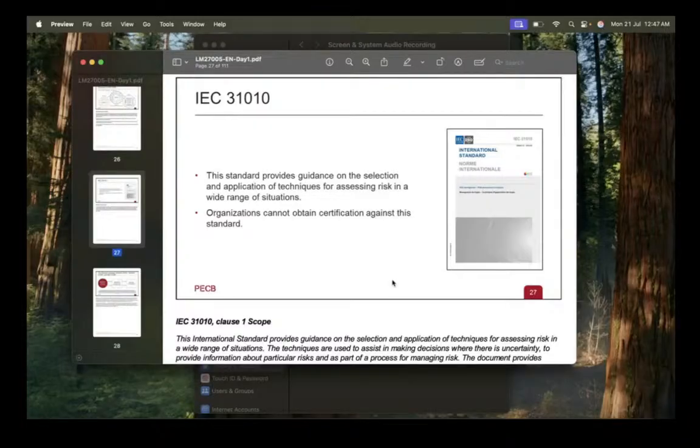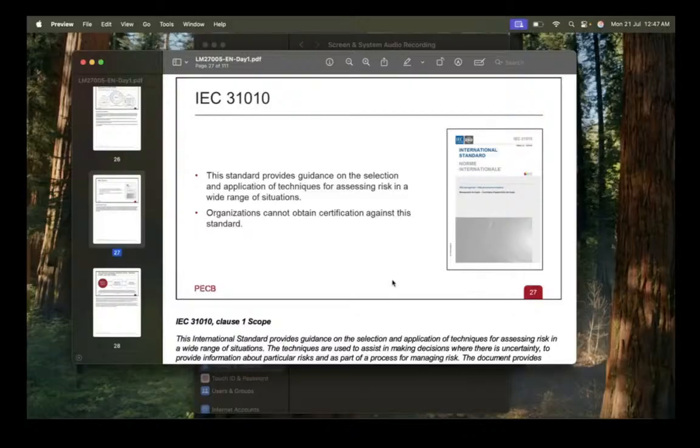And as with the previous standards, organizations cannot obtain certification against this standard. Previously we discussed 27001, where organizations can obtain certification.